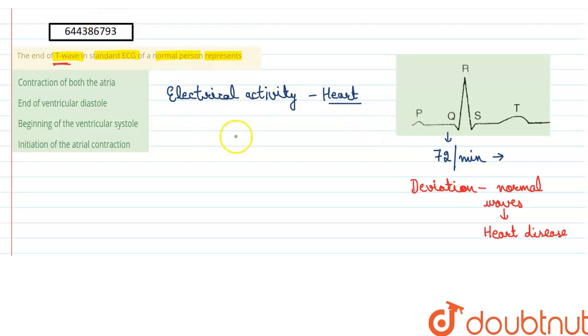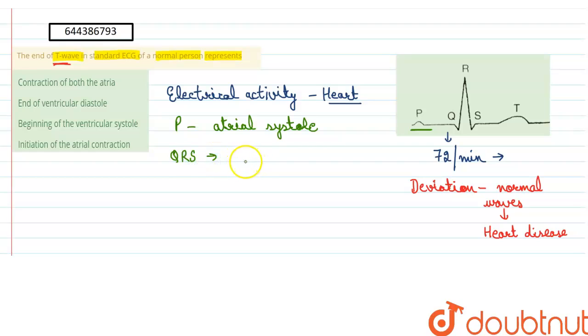So when we see the ECG, the P wave, which is this right here, represents the atrial systole, that is the contraction of the atria, right? Next we have the QRS complex.